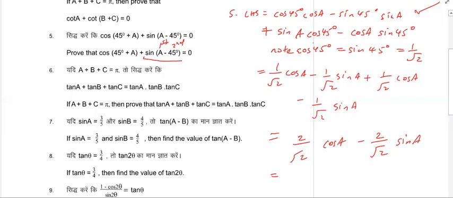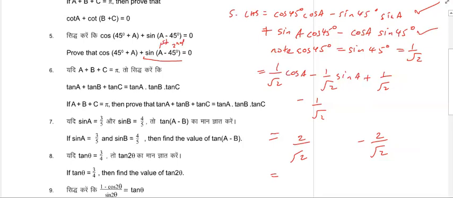So what we have here is 1 over root 2 cos a, 1 over root 2 sine a.